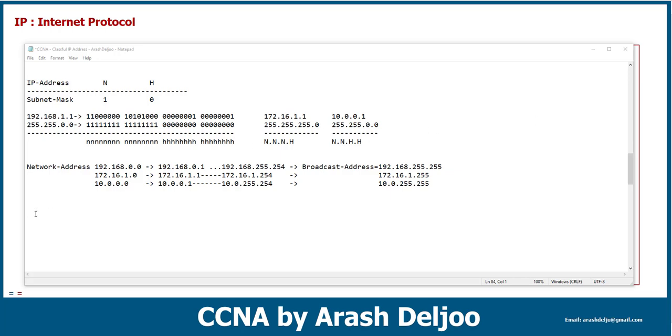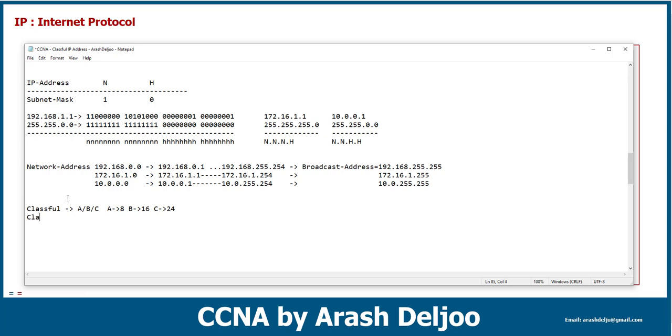You know that in the classful days, in classful networks, we used class A, B, and C for unicast communication. In class A we have 8 bits of network, in class B we have 16 bits of network, and in class C we have 24 bits of network.